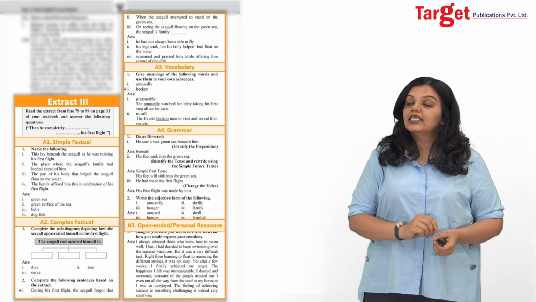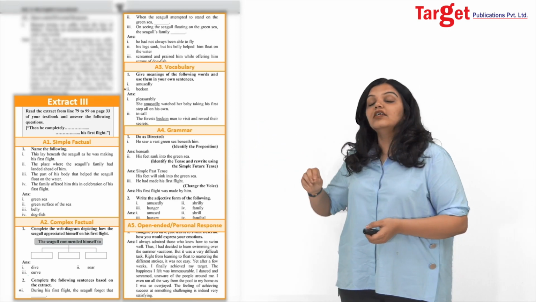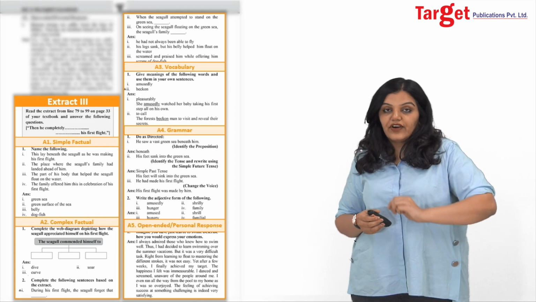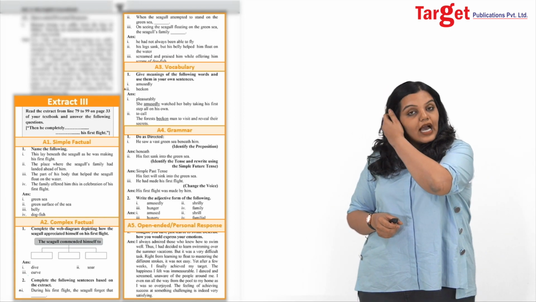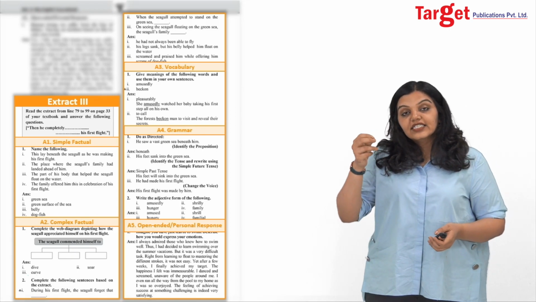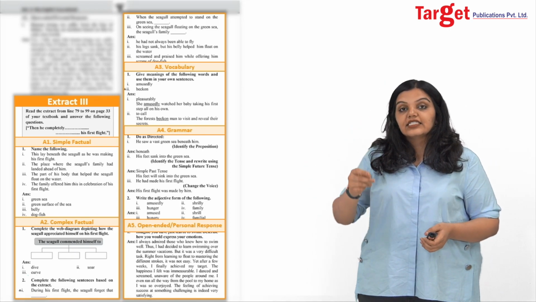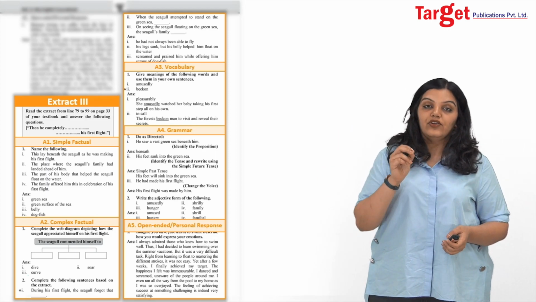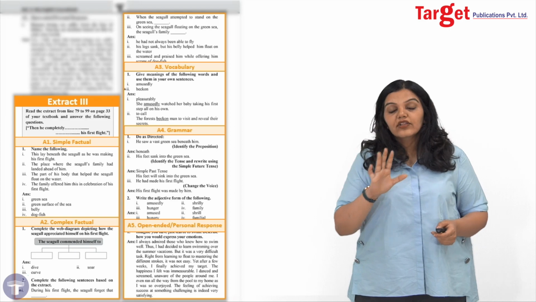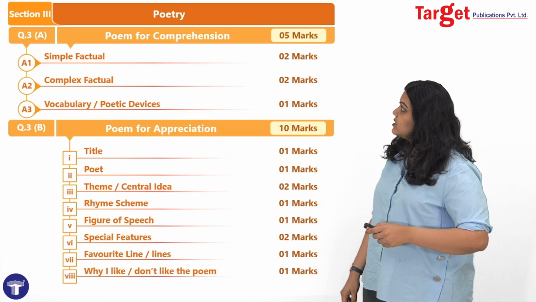Particularly keep in mind that the open-ended and personal response questions are what the Marathi medium students often find difficult, and therefore we have given you practice of these type of questions in every single extract of every single chapter or poem in your My English course book. So our extracts cover all the 5 different types of questions.